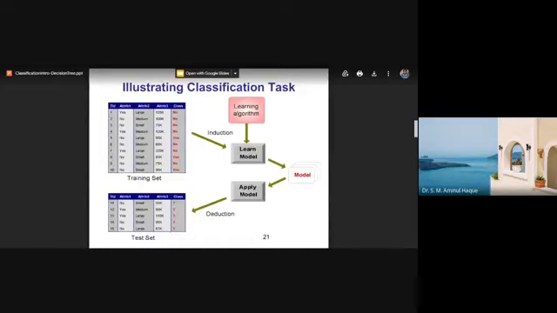In the beginning, the class levels are known for all these 15 data, this one as well as this one. But when we evaluate this model, we take out these decisions and ask the model to evaluate these. The model gives a particular answer for each of these data points. Then we compare these answers with the original class levels.